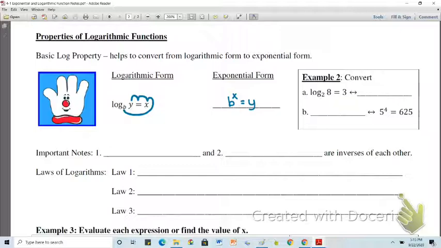So if I look over here at my examples, if I want to convert this first one, 2 raised to the third equals 8.